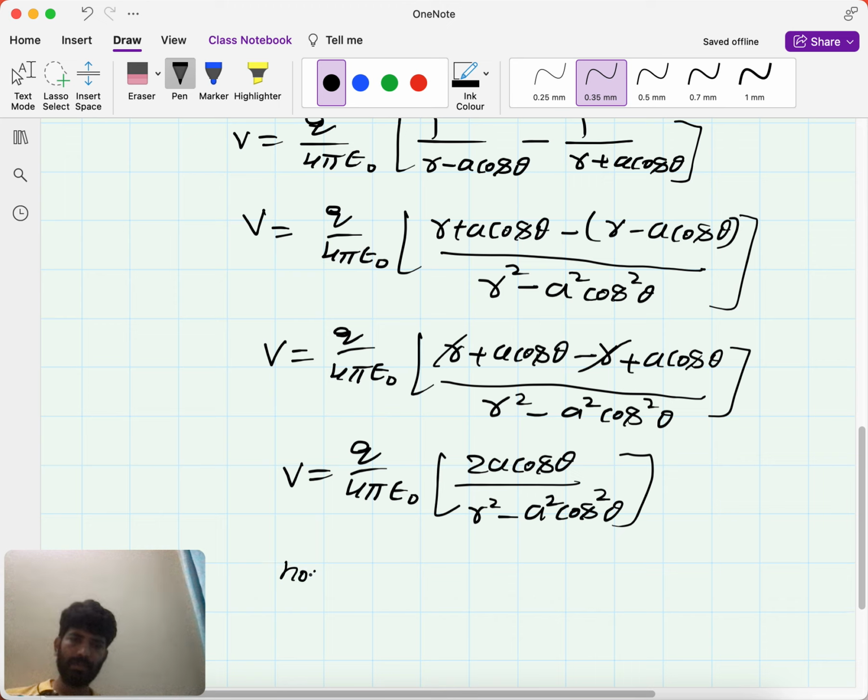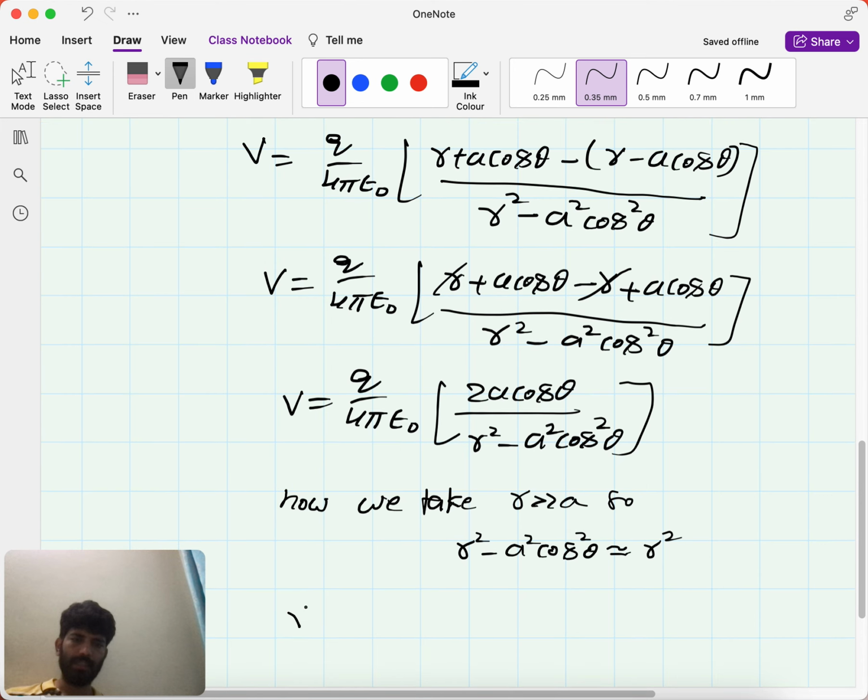Now we take r much greater than a. So r squared minus a squared cos squared theta is approximately equal to r squared.